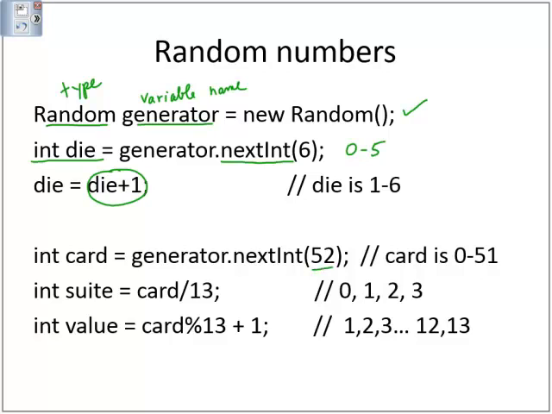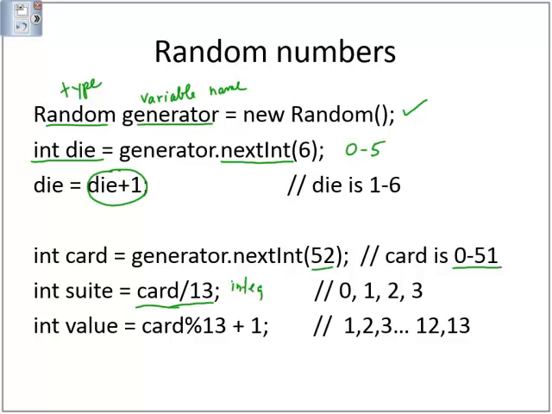Now this is integer division. So the result is either going to be 0, 1, 2, or 3. And I could interpret, say, 0 as hearts, 1 as diamonds, or I could come up with some scheme for doing that.